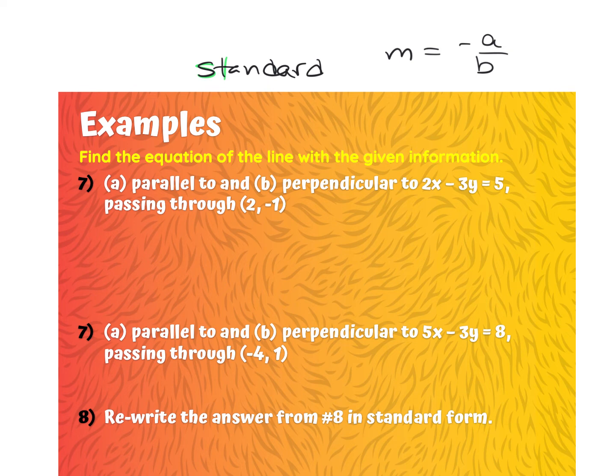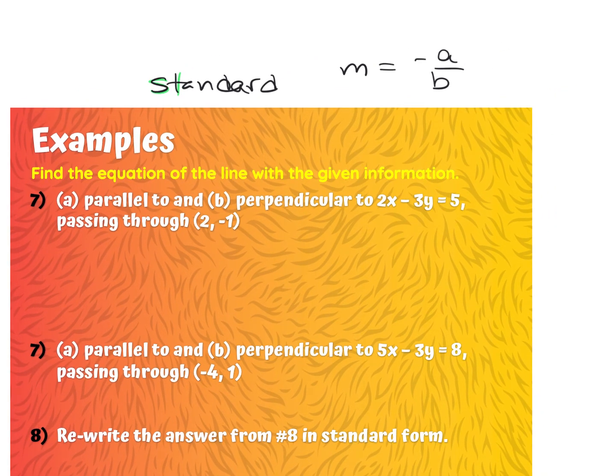So here, opposite of a is going to be -2, and then the b is -3. And then once you simplify that, after I rearrange this into slope-intercept form, you're going to see that the slope is going to be 2/3. But let's try it. So that's just a little trick when it's in standard form. So I'm going to go ahead and subtract the 2x.